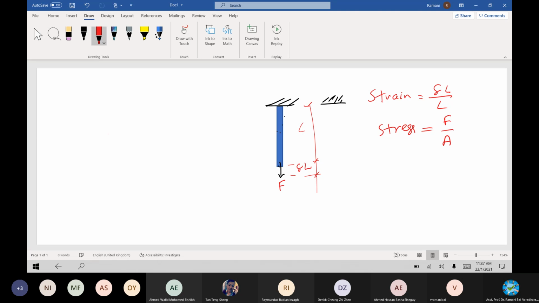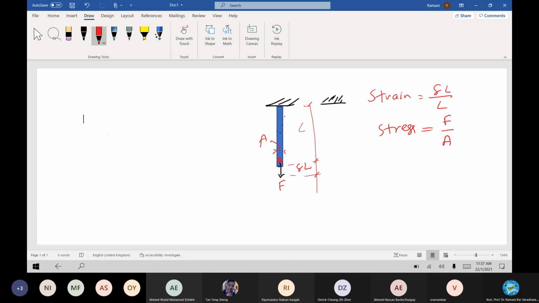This part, isn't it? A is the area of cross section, remember the A, because we are going to discuss area later on. It is the cross section area through which the force is acting, and the response is in the opposite direction. Always the response will be in the opposite direction, due to internal reactions created by the member, right?